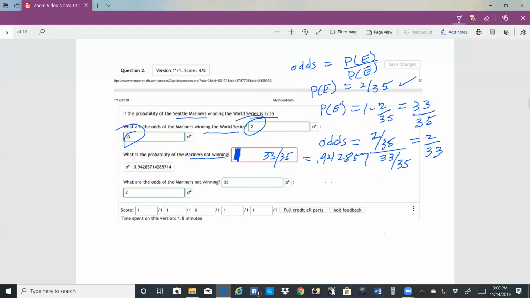And then what are the odds of the Mariners not winning? It's basically the reciprocal of the odds of them winning, which would be 33 to 2. So the odds are 33 to 2.